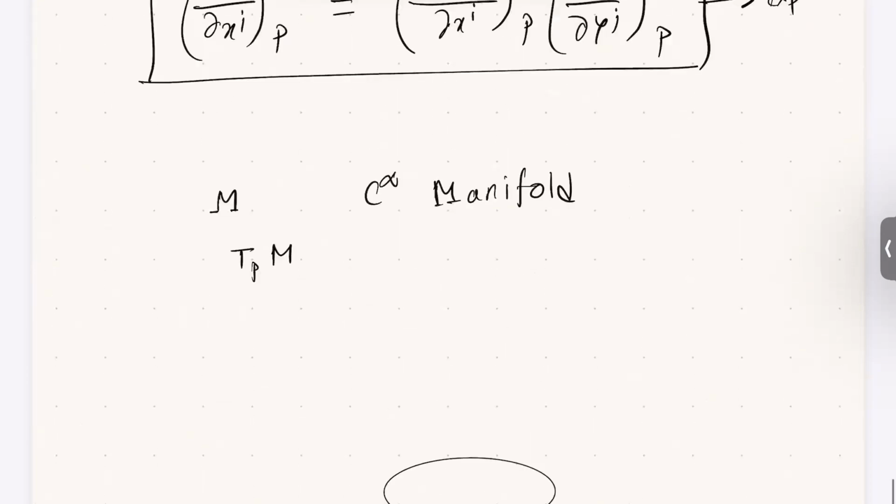Tangent space is always considered at a point. That's why we consider TPM instead of TM. If this is the tangent space at that point, and I consider another tangent space here, then this will be something like this.